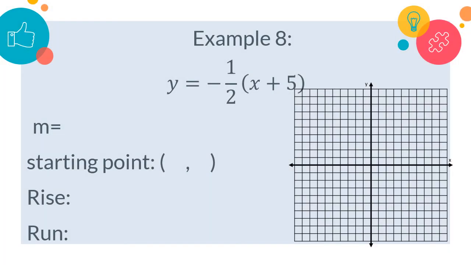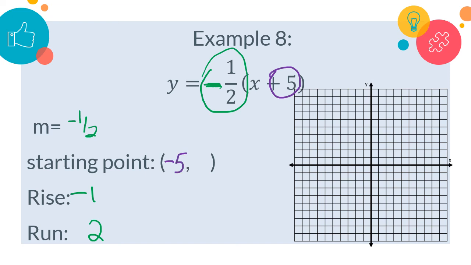All right, I'm looking for my slope. Be careful, don't forget about this negative. It's a negative 1/2, which means either my 1 or the 2 get the negative. I always apply it to the rise. Use it right away. Starting point, I'm adding 5 to the x, so I'm going to put -5 for my x.